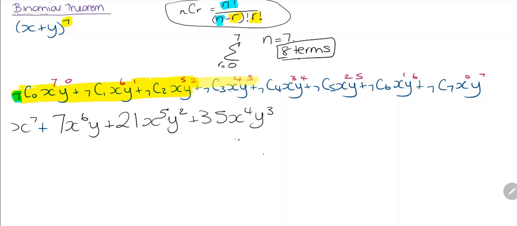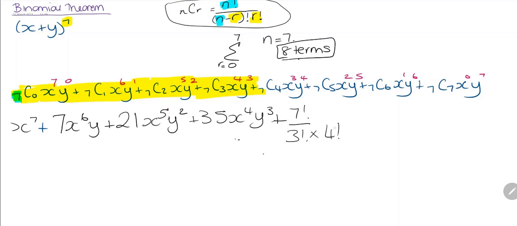Let's have a look at the next one. So we have 7 factorial over (7 minus 4) factorial times 4 factorial. 7 minus 4 is 3, so 3 factorial times 4 factorial.